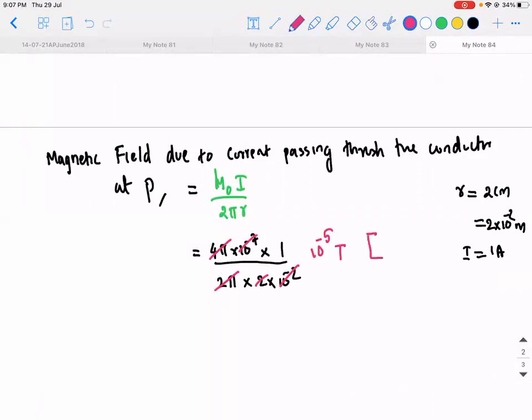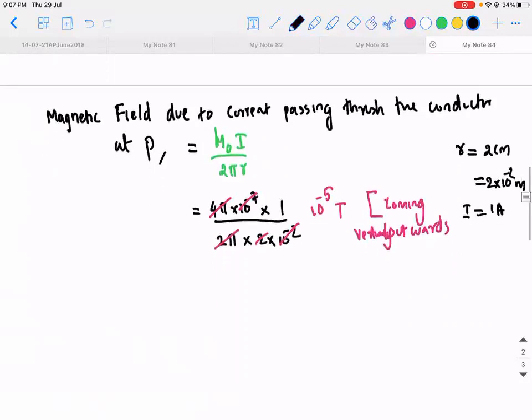What about the direction? Coming vertically outwards.